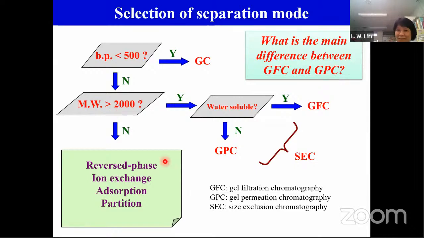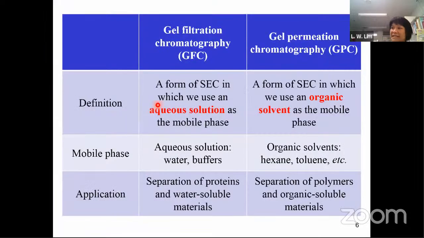So the main difference is actually the mobile phase. In gel filtration, the mobile phase we use is an aqueous solution. For gel permeation, the mobile phase we use is an organic solvent.